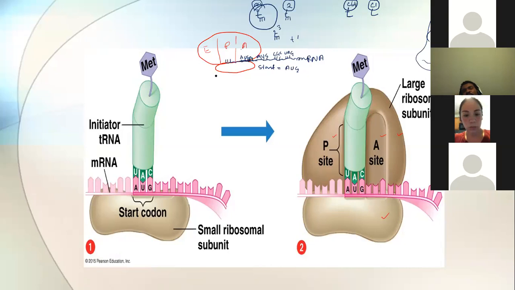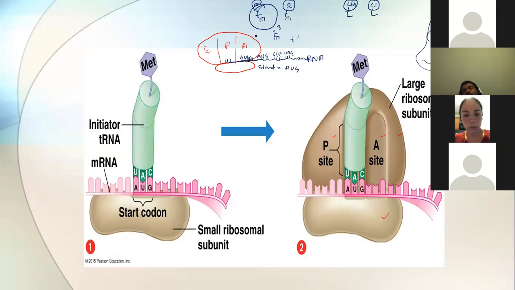All these tRNA are moving, they try to take a chance to take a seat over here. But the ribosome will not allow all of them to sit. It will only allow the tRNA that has an anticodon that goes with this codon.